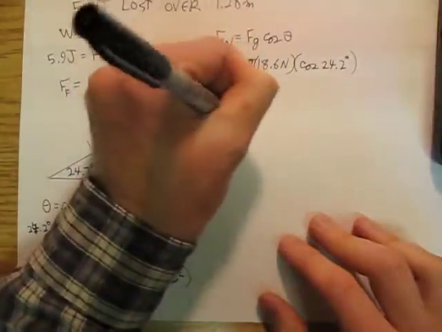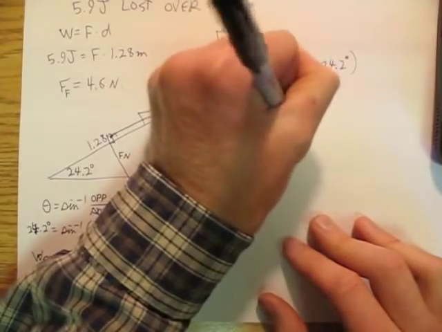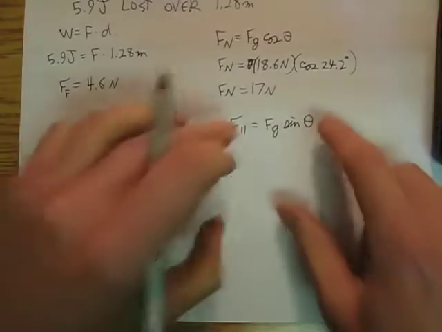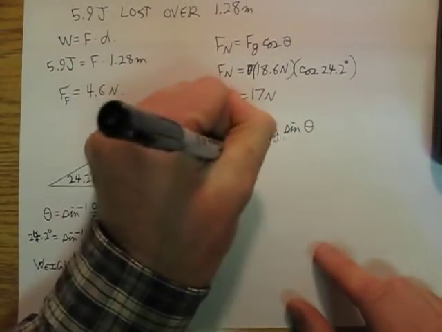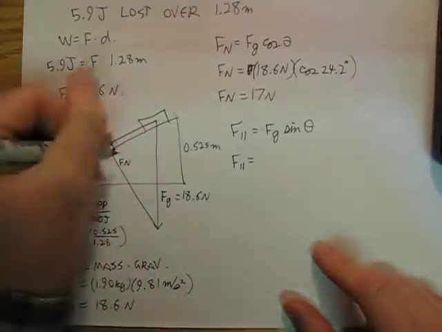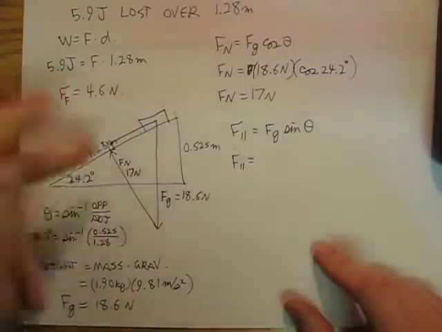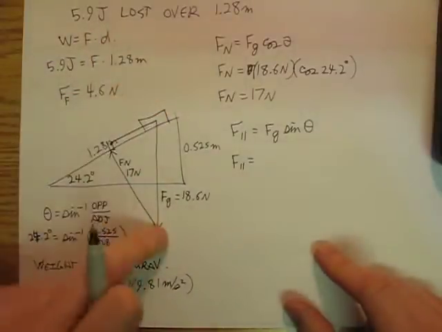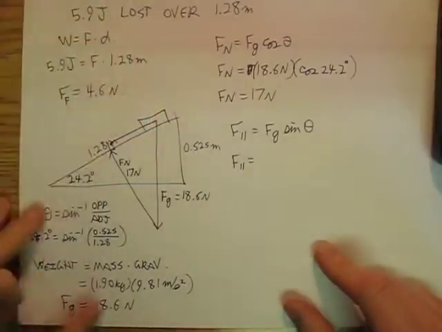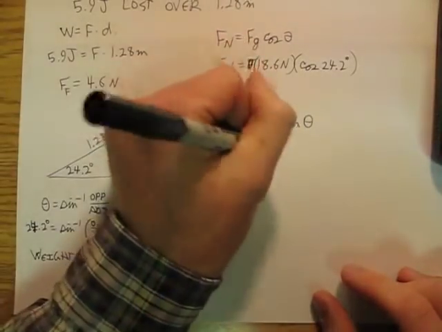And I'm going to have this force parallel, which I talked about previously. It's not a real force. This is a dummy force. This force parallel is actually the vector addition of force gravity and force normal. Force gravity is a real force. Force normal is a real force. And if I add this to this, what's left over is this dummy force, force parallel. But I can call it force gravity sine theta.